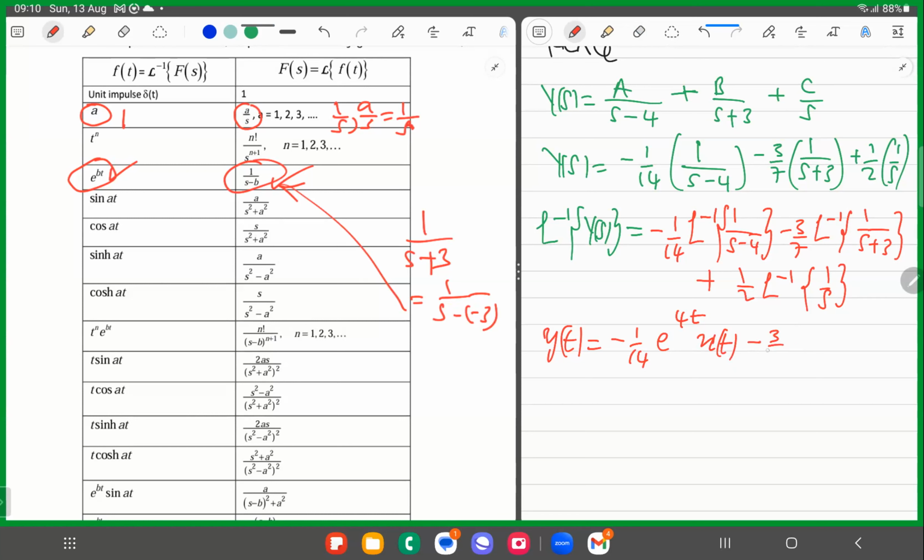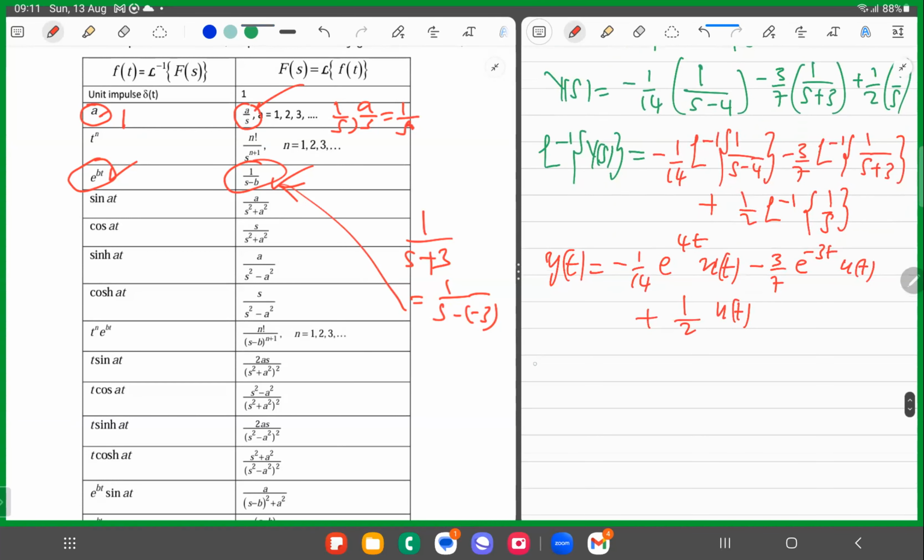So you have this one here, and then you have e to the minus 3t. You put the unit function because it has to do with the unit function according to the question. And then the last one, what about 1 over s? So 1 over s is like the top is equal to just 1, but now just 1/2. So you have 1/2, and then you multiply it by the unit step function.